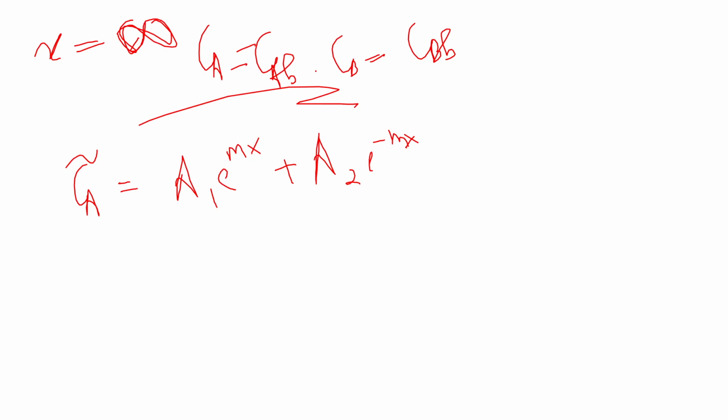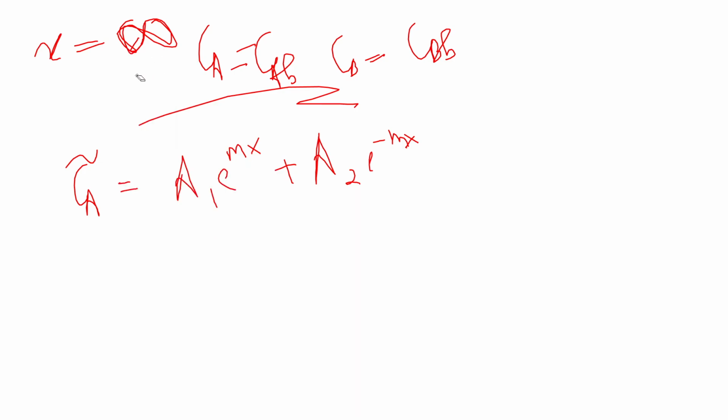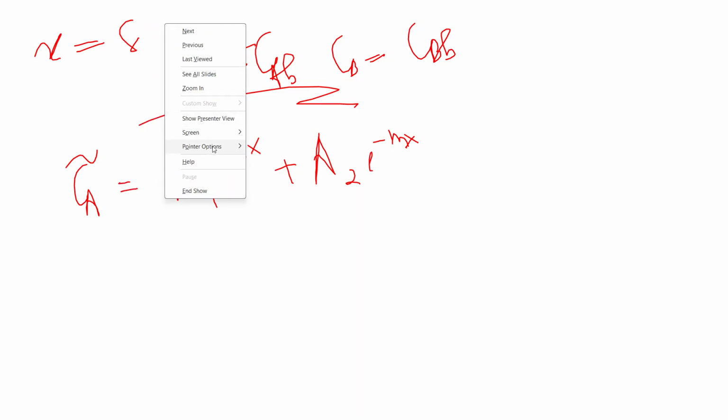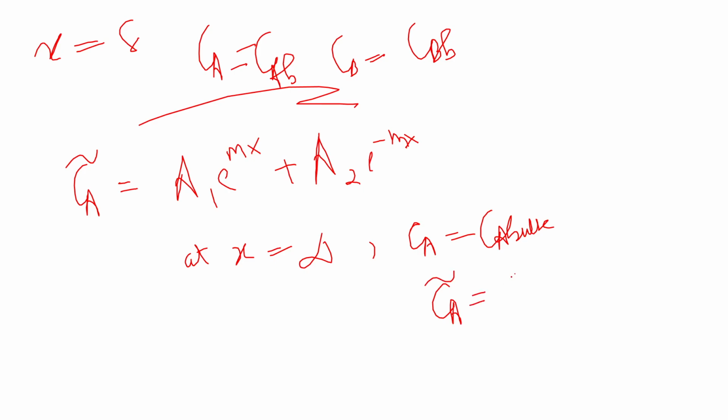So we write a condition where at x equal to infinity, what happens? The concentration becomes equal to bulk. There is no variation, which means CA bar will be equal to 0.